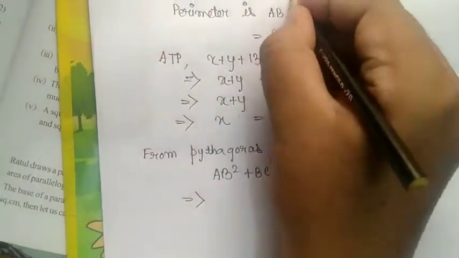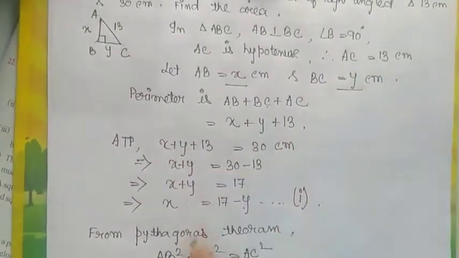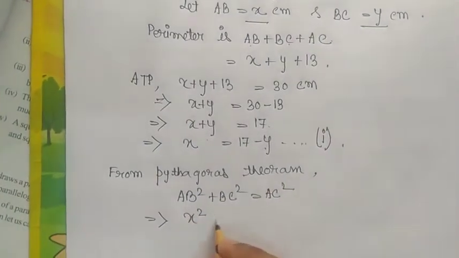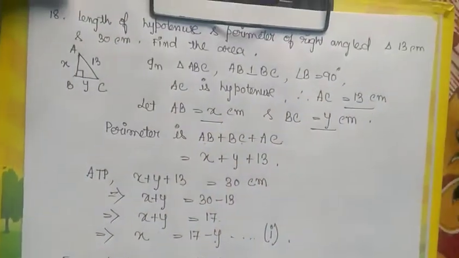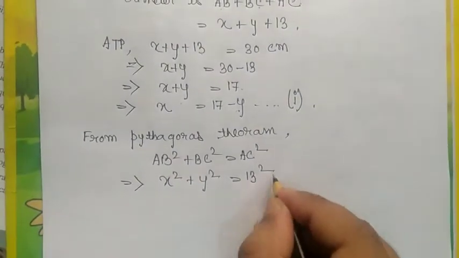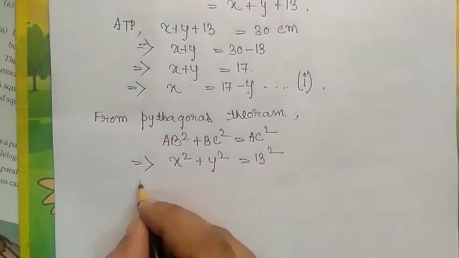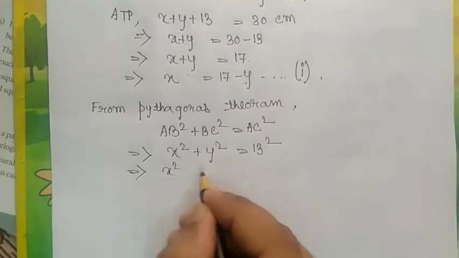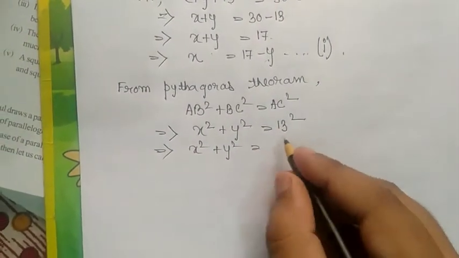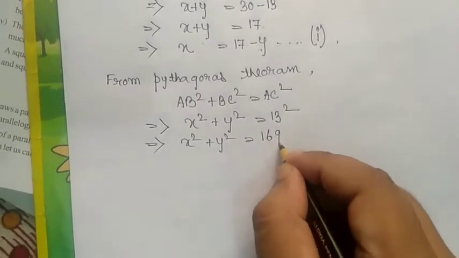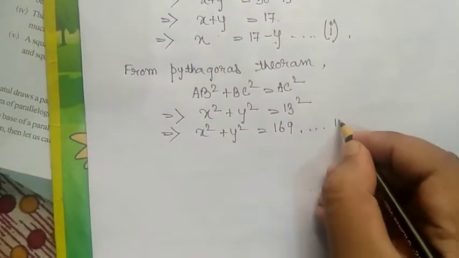AB means x and BC means y, so x square plus y square. AC means 13, so 13 square. So x square plus y square equal to 169. This is equation 2.